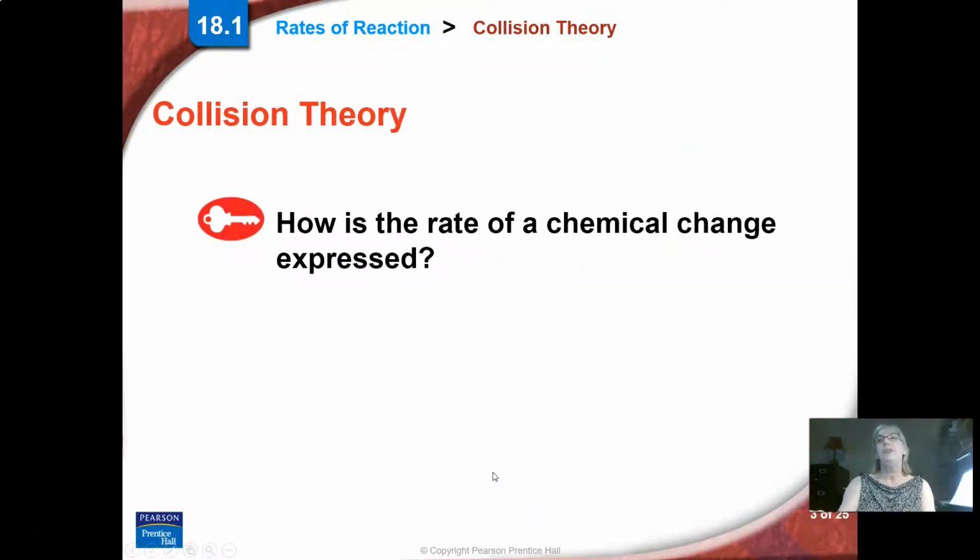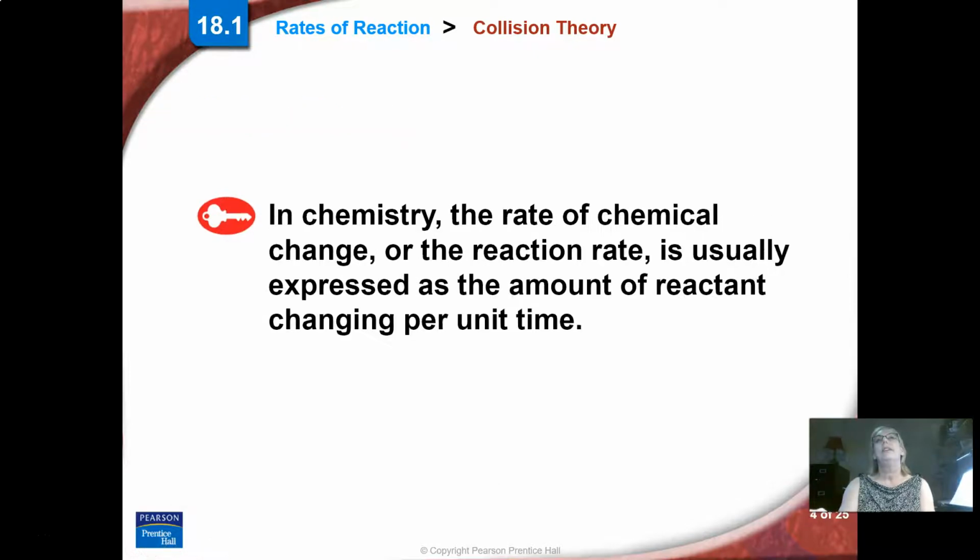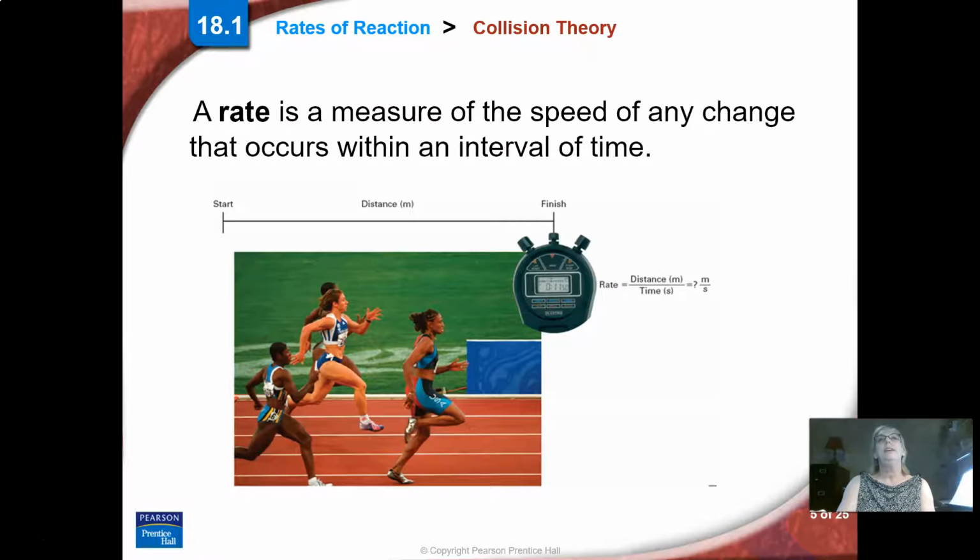Rates of chemical reactions are expressed by how much the amount of reactant changes per unit time. You know a rate is how fast something's going, so it's the distance divided by time, that's a rate. We're going to have something similar, a change over time.